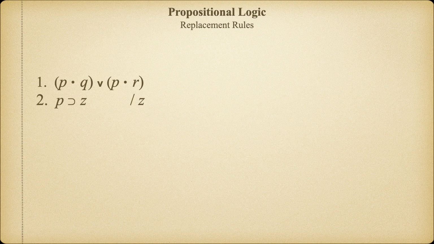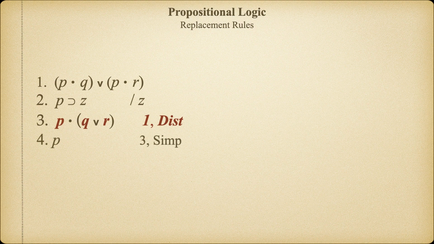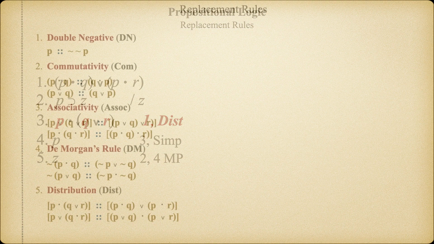But we now know that premise 1 is logically equivalent to P and Q or R. By recalling P to the warehouse, we are now in a position to simplify P, and then we let modus ponens do its work, giving us Z. So here's a practical example of the distributive rule, or the rule of distribution.